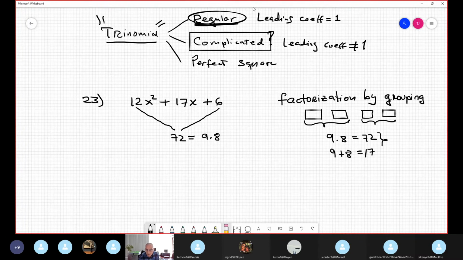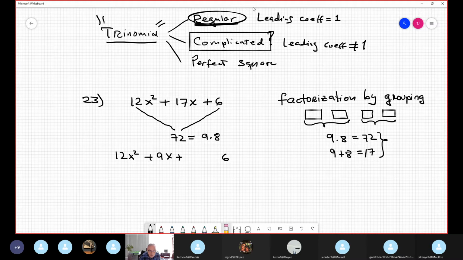Oh, then this is the key, open the door in this example, 9 and 8. And this is the most important moment. You copy the first, exactly the same, 12x squared. And you copy the last, exactly the same, 6. And you break down 17 using 9 and 8, like that.